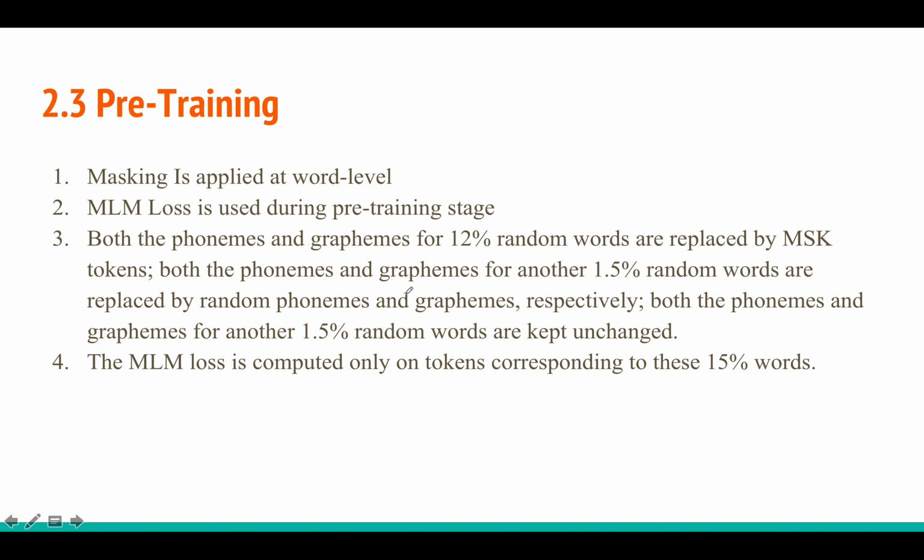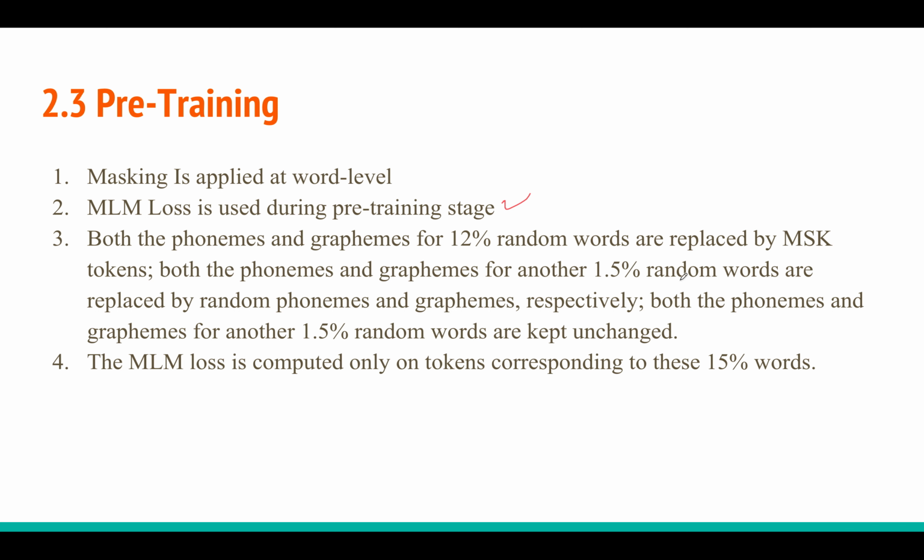And as I said, for the pre-training, you will train the model with the masked language modeling criterion, and masking should be applied at word level, not at token level. For both the phoneme sentence and the grapheme sentence, 12% of the random words are replaced by mask tokens, right?